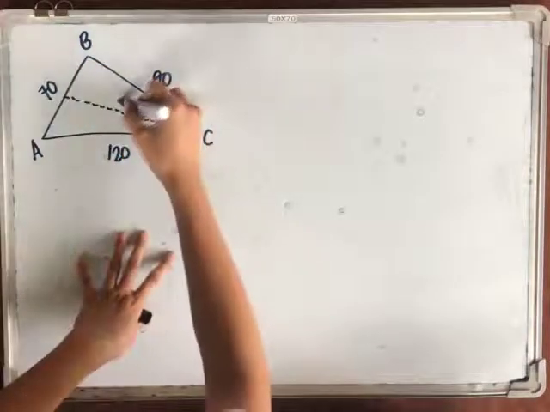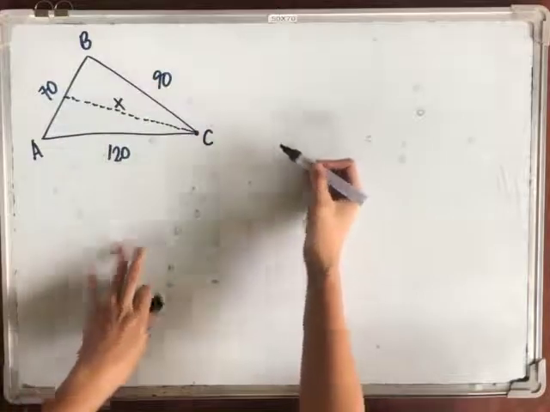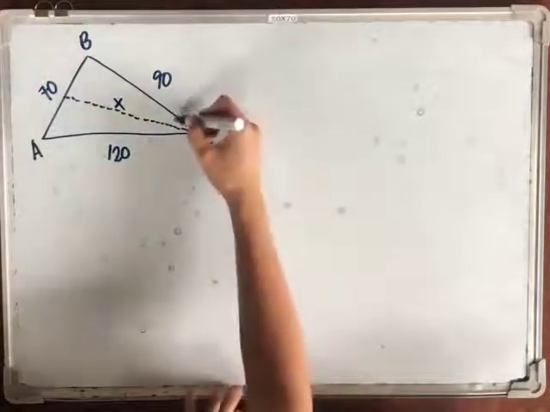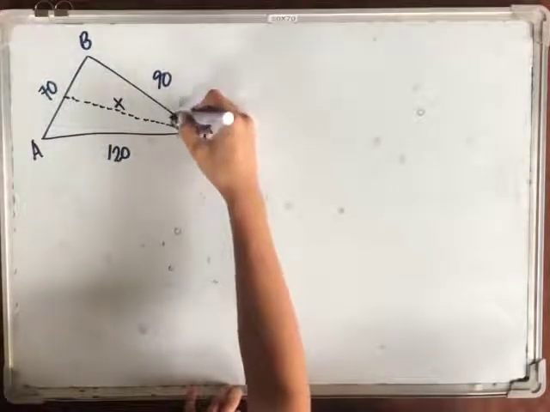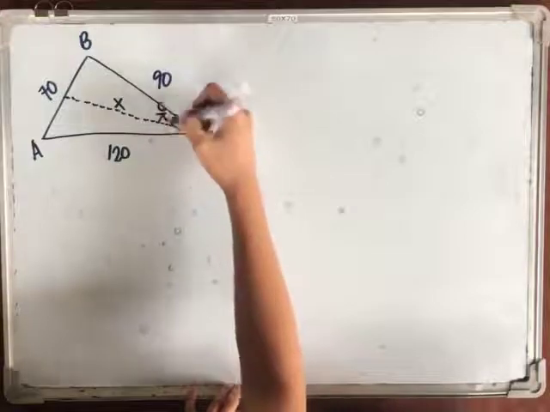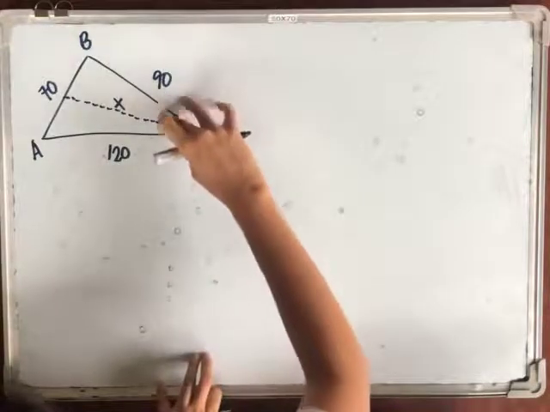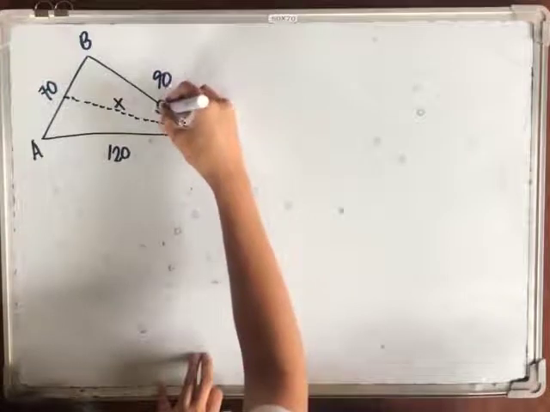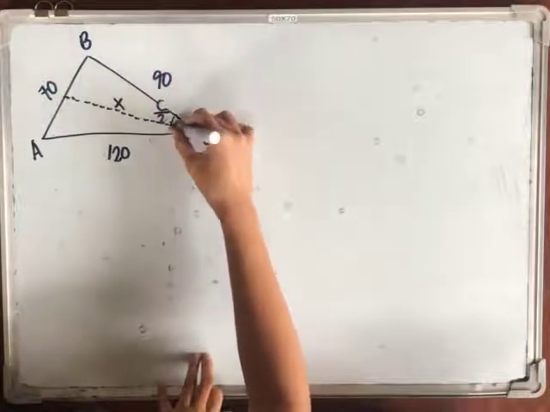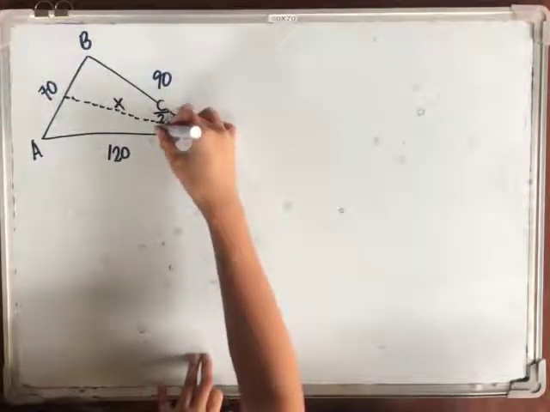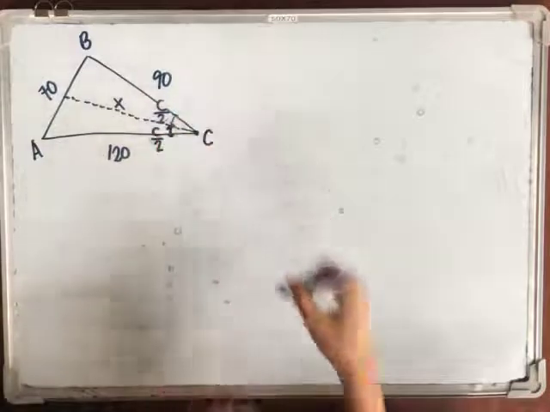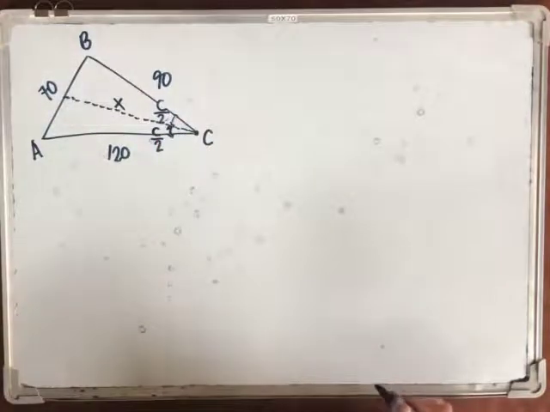Let's say this is distance x here. And if this is an angle bisector, this angle here should be equal to C over 2, and this one here is another C over 2 dapat. Diba? Yun yung definition ng ating angle bisector.